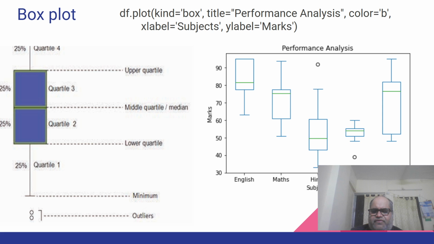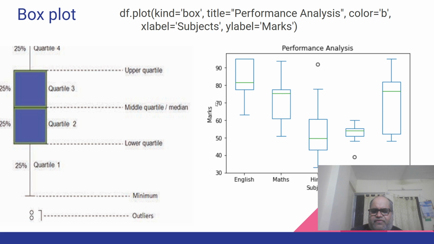Then you get quartile 1, the 25th percentile, the lower quartile, then quartile 2, the middle quartile or median. So the middle line that you are seeing in each of these boxes is the median. And then you have the 75th percentile, and then quartile 4, and then again imagine the maximum and outliers on the upper side. I have not shown them because of a space issue.